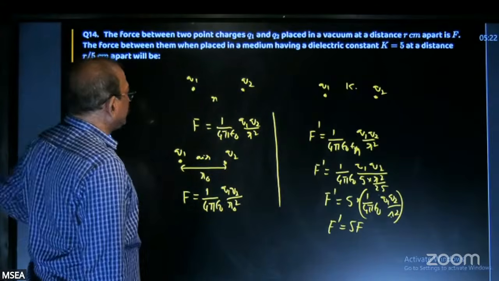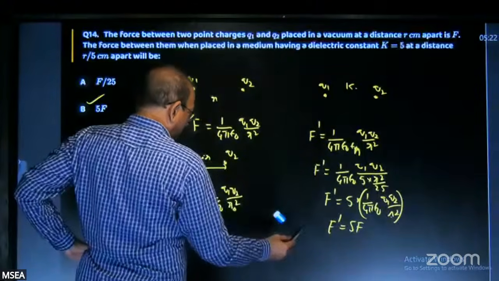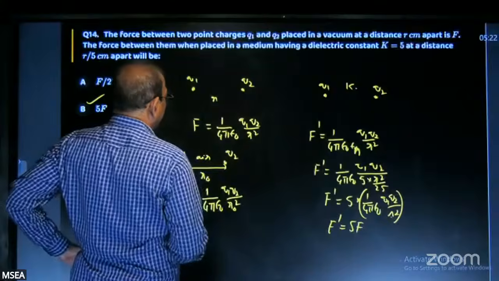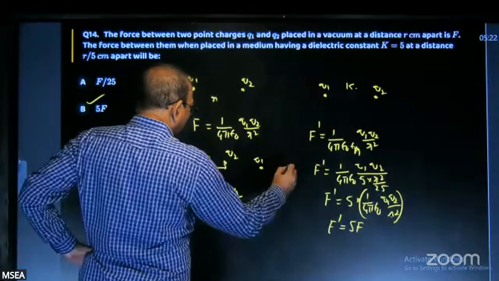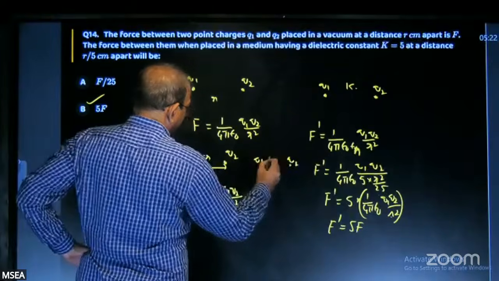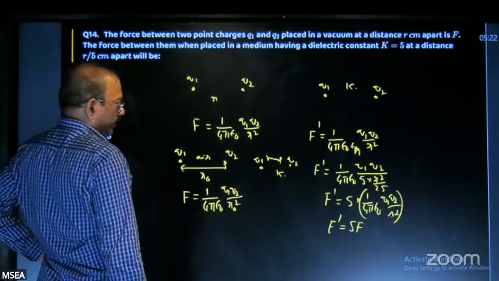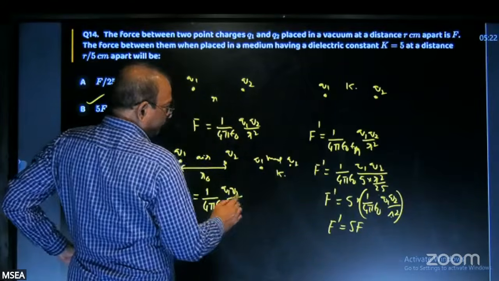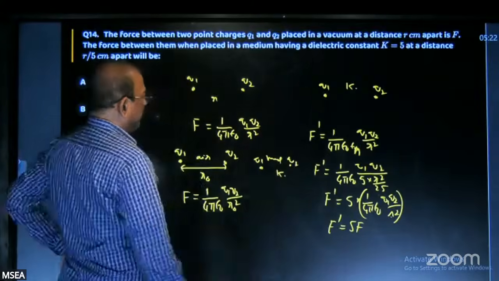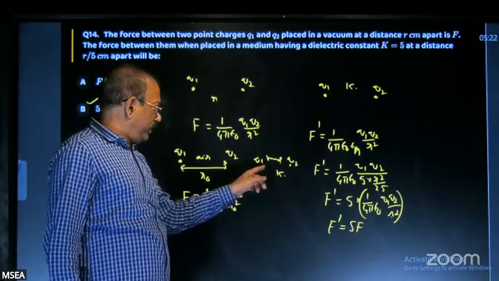If the same charges are kept in a medium of some dielectric constant K, relative permittivity K, then the force between them decreases by K times when I maintain the same distance between them.